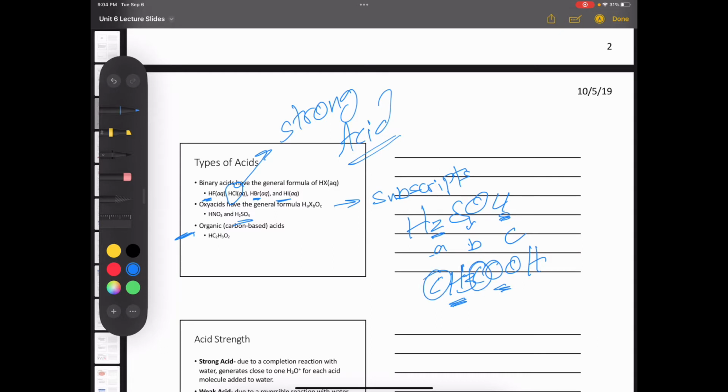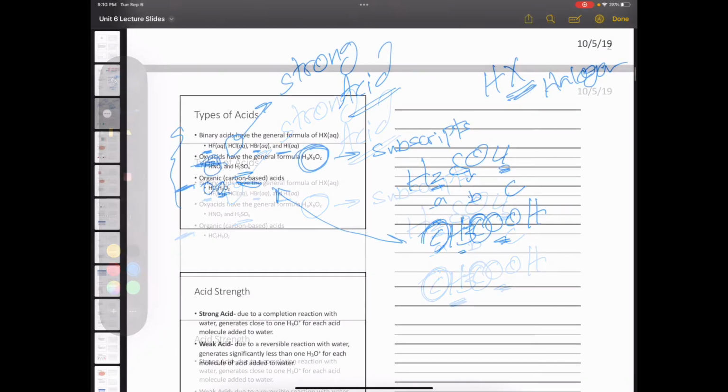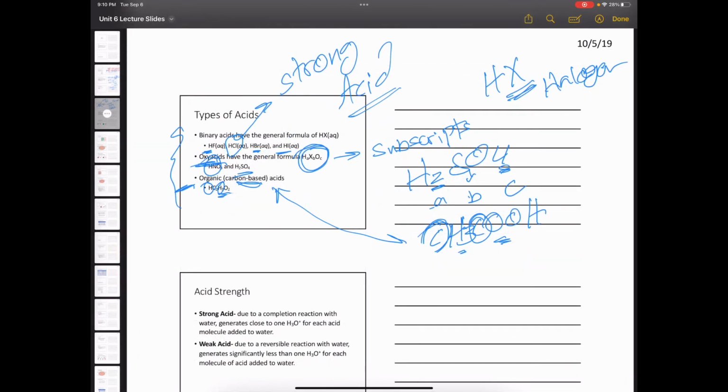So it has three elements, which somewhat meets the criteria of an oxyacid. But in this case, we actually call this one an organic acid because it has carbon and hydrogen. Okay, so it is basically a hydrocarbon with oxygen. We refer to it as an organic acid because of the hydrocarbon structure of the acetic acid.